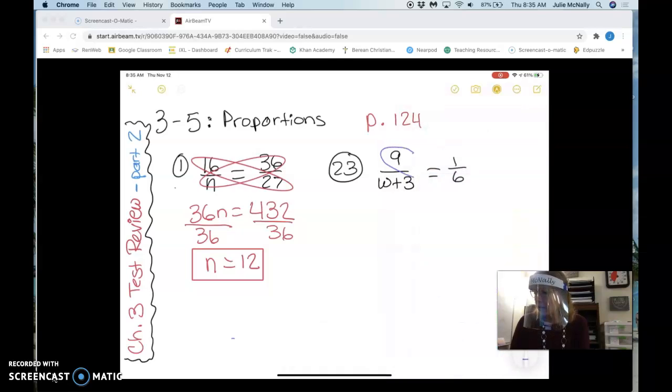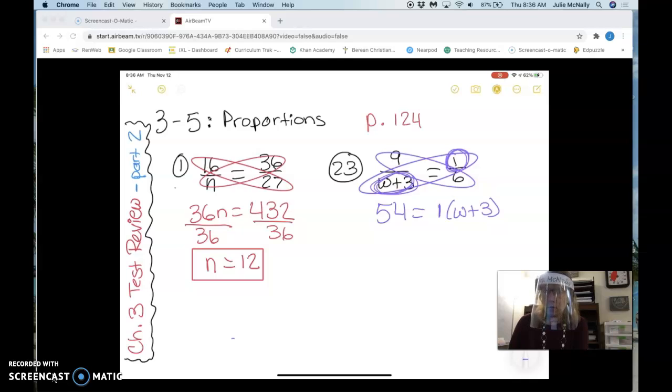So on this side, again, I'm going to multiply the diagonals. And 9 times 6 is 54. And then for this side, what I would have to do is distribute whatever is on top here to whatever is on the bottom here, because I have multiple digits going on.